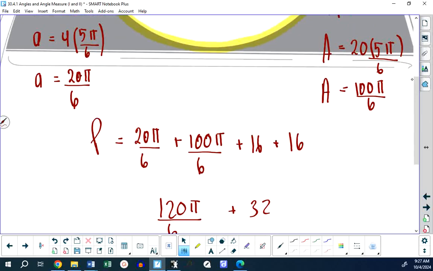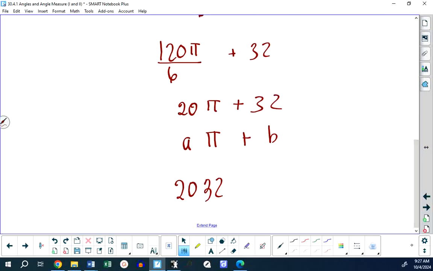Had I written it the other way around, I would have ended up with 32 plus 20 pi. You should be able to be adaptable here. I hope you understand that 32 is not A. 32 is B, and 20 is A.